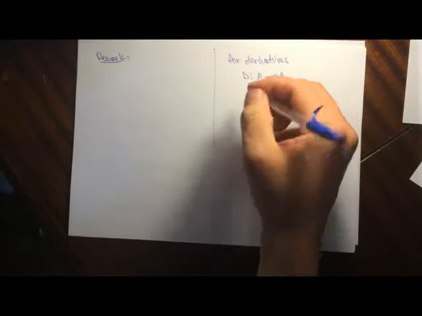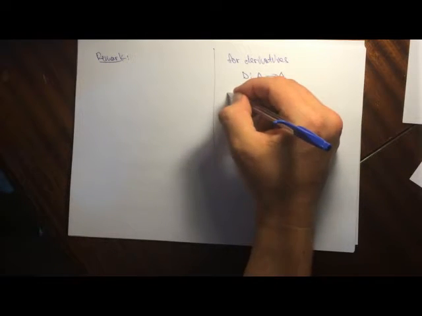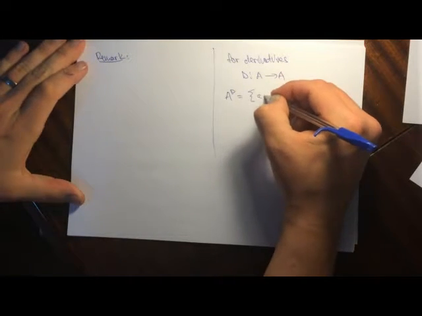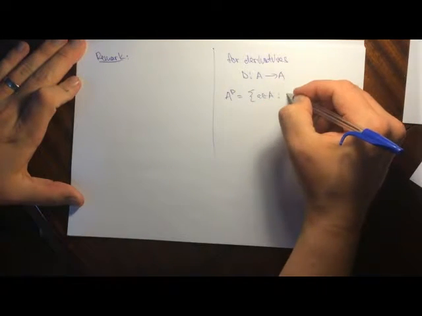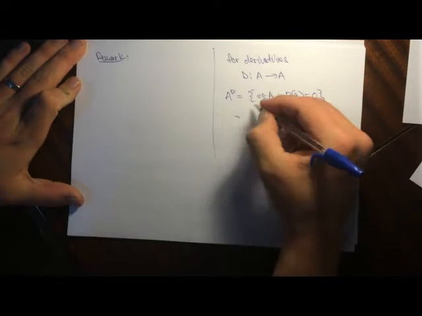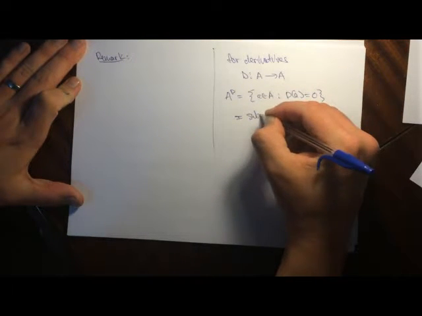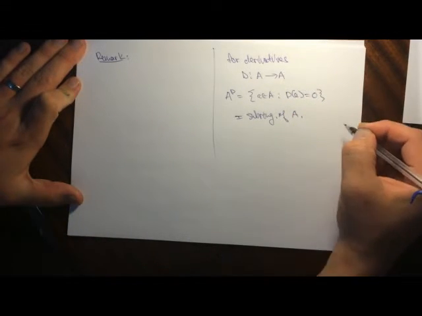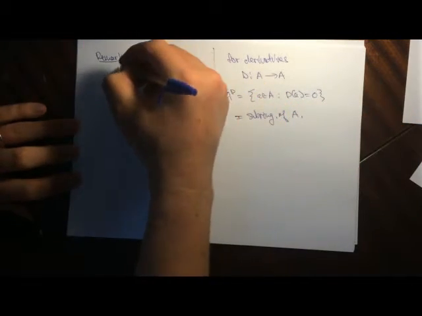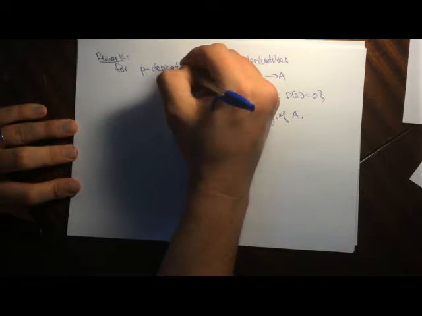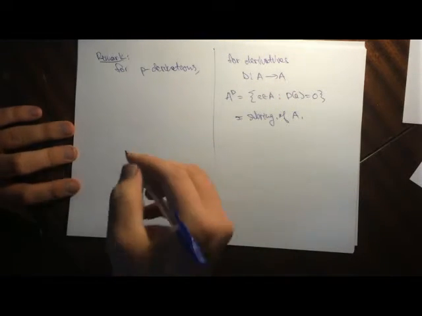Then it turns out that if we call A^d the set of a in A where da is equal to 0, then this is actually a subring of A. Here, for p-derivations, there's something weirder.